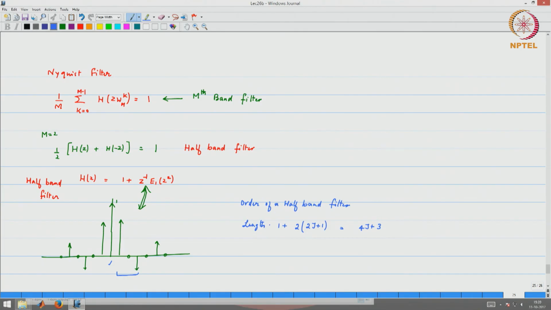If this is the length of a half band filter, the order is always 1 less, assuming that I have shifted them all to make them causal, the order will be 4j plus 2. Which means it is even but not a multiple of 4.